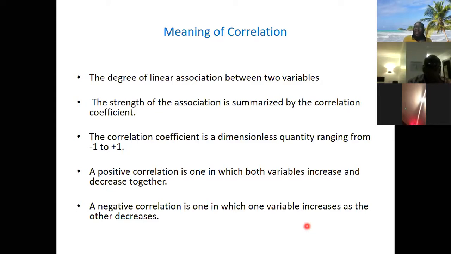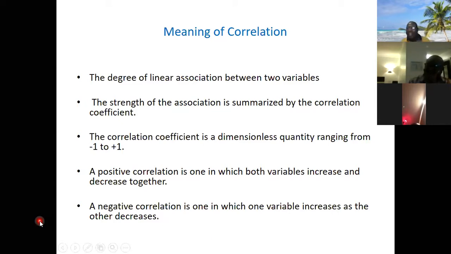In statistics, that's what we call positive correlation, but in mathematics, they call it direct proportion. While Boyle's law talks about volume and pressure being inversely proportional. As you increase volume, pressure decreases. As you decrease volume, pressure increases. That is inverse proportion. That is the negative correlation.